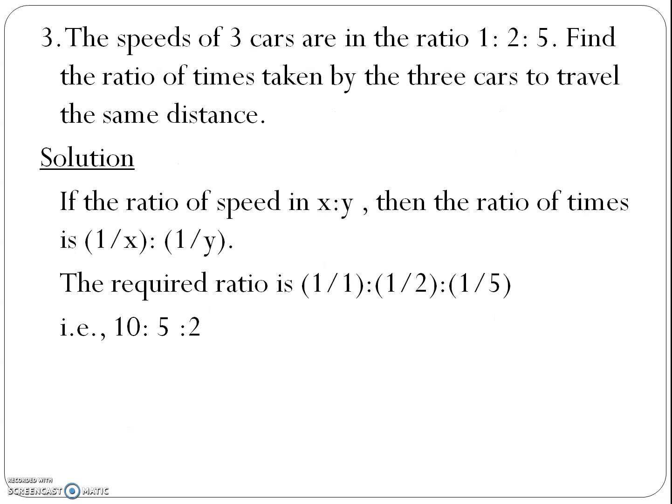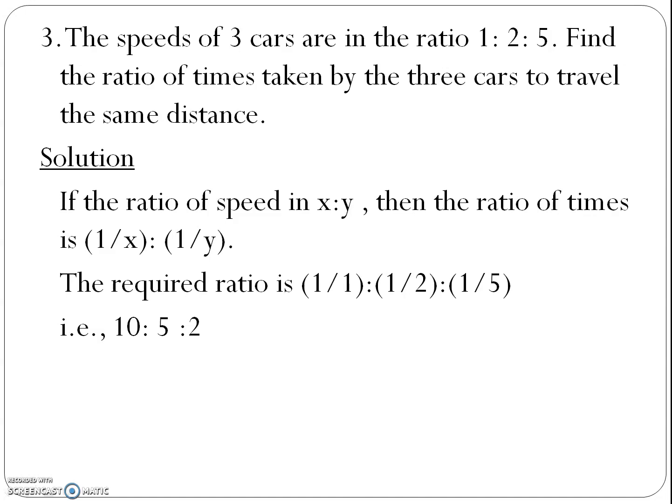Problem number 3. The speeds of 3 cars are in the ratio 1:2:5. Find the ratio of times taken by the 3 cars to travel the same distance. We know the relation: when the distance is the same and the ratio of the speeds is x is to y, the ratio of the times will be 1 by x is to 1 by y.